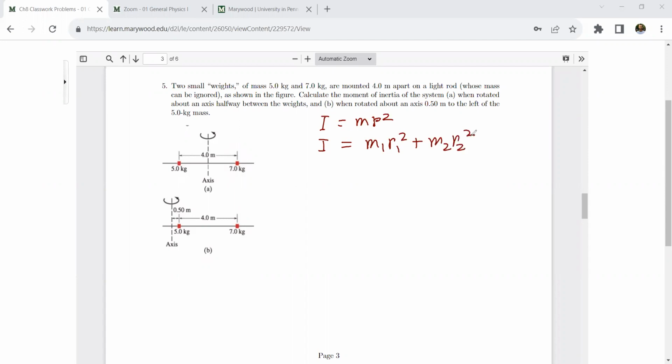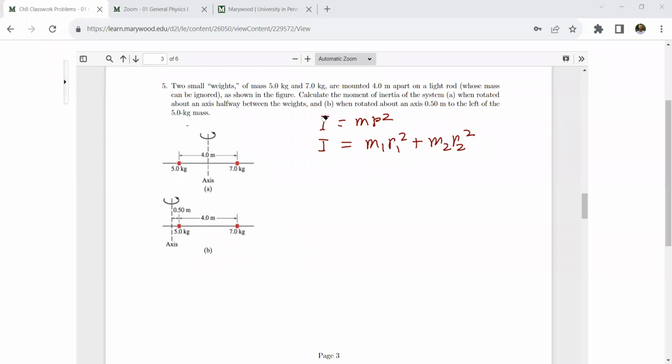So here m1 is the mass of one object, m2 is the other object, and r1 is the distance from the axis of rotation to object 1, and r2 is the distance of object 2 from the axis of rotation. Okay, so this is the equation.